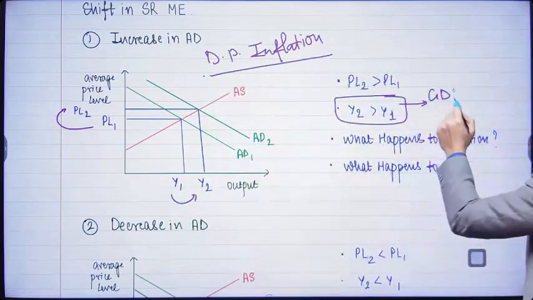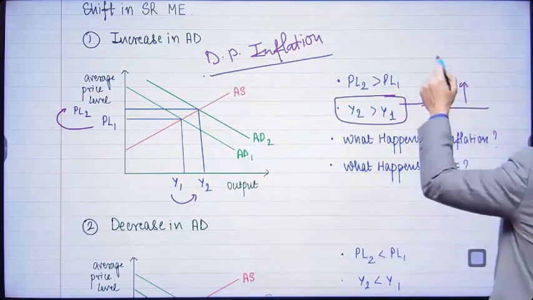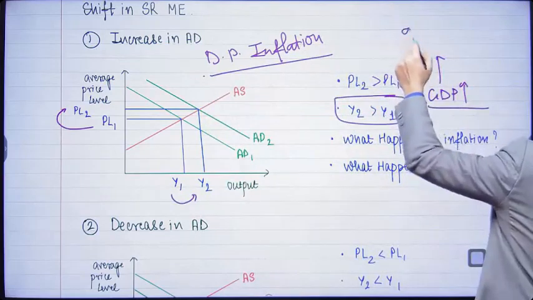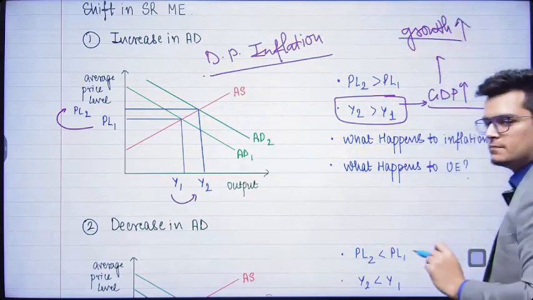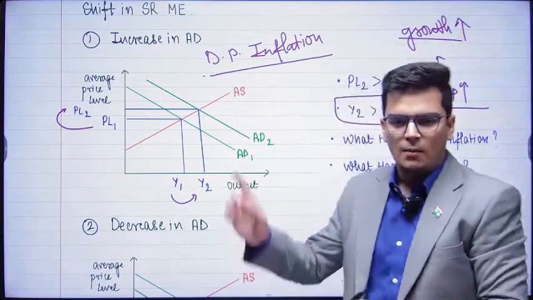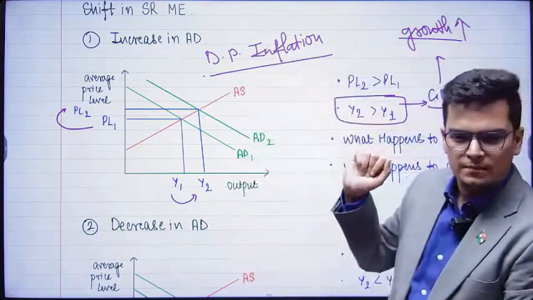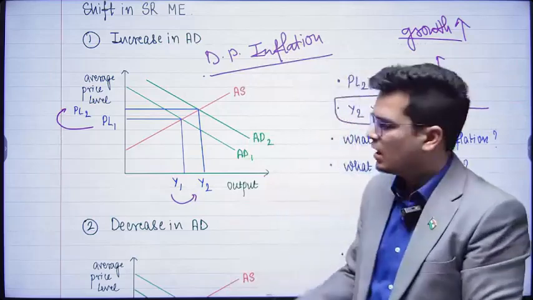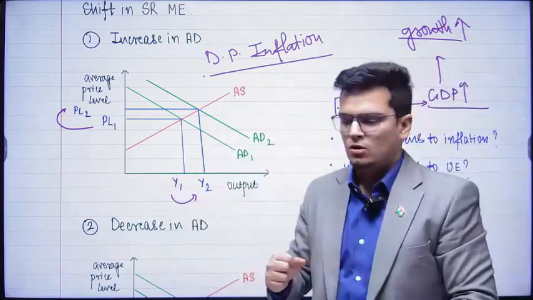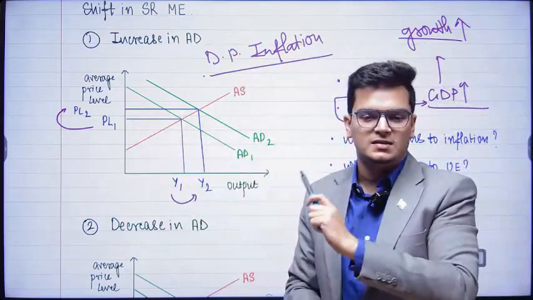GDP is increasing here. So there is obviously growth increase. Right? अब ग्रोथ भी हो रही है, इन्फ्लेशन भी हो रही है. If I want to increase growth, अगर मैं ग्रोथ बढ़ाना चाहता हूं तो इन्फ्लेशन करनी पड़ेगी, अगर मैं डिमांड साइड से कर रहा हूं तो, राइट?